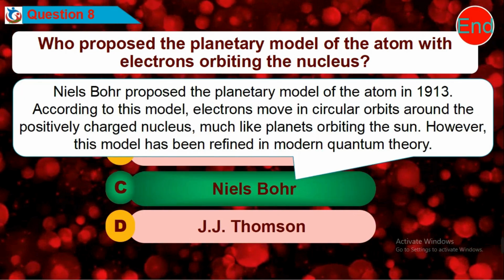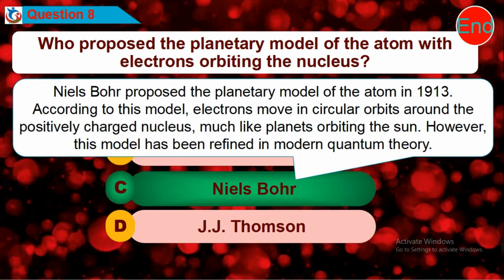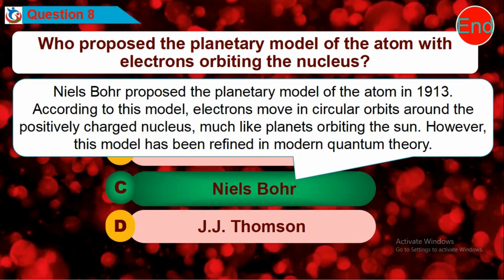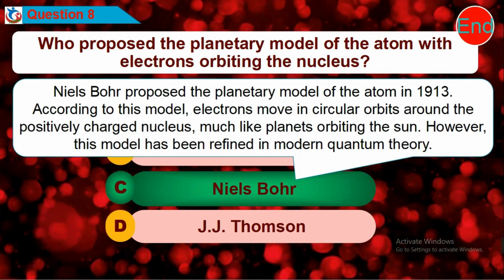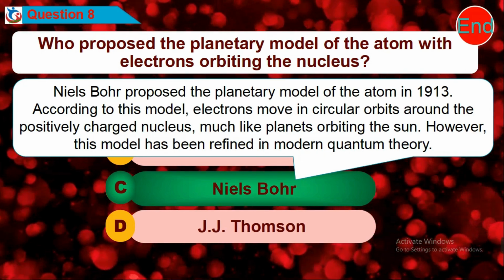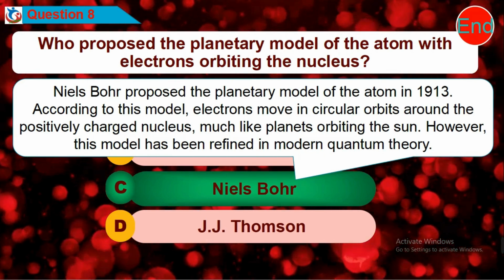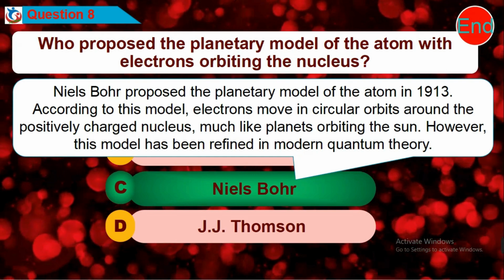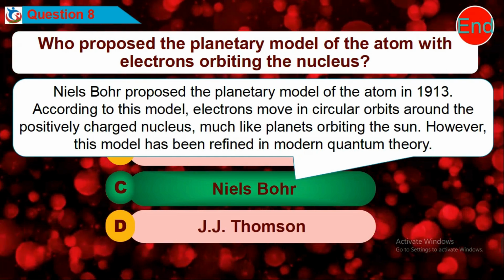Niels Bohr proposed the planetary model of the atom in 1913. According to this model, electrons move in a circular orbit around the positively charged nucleus, much like planets orbiting the Sun. However, this model has been refined in modern quantum theory.